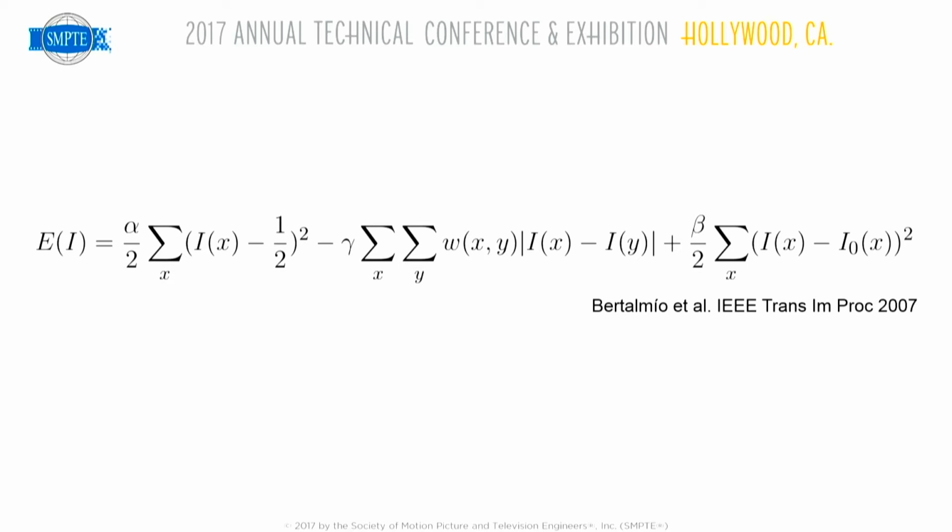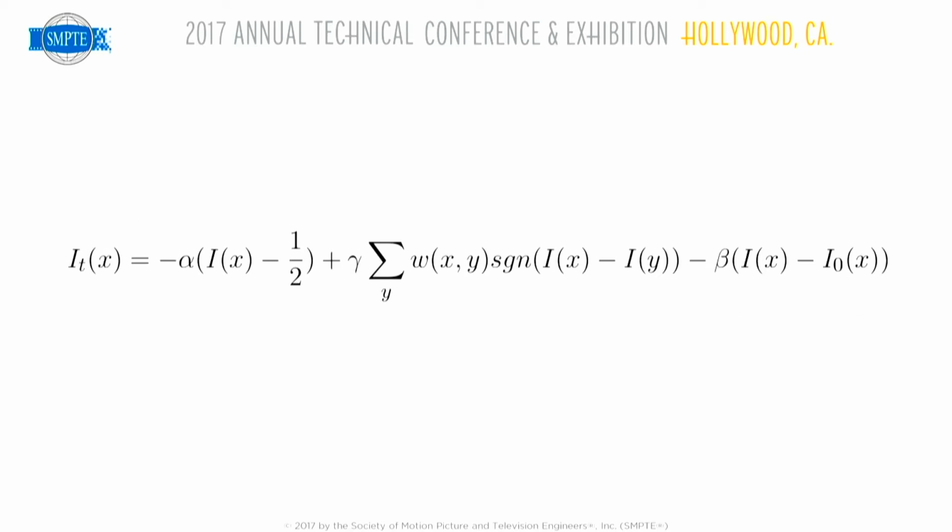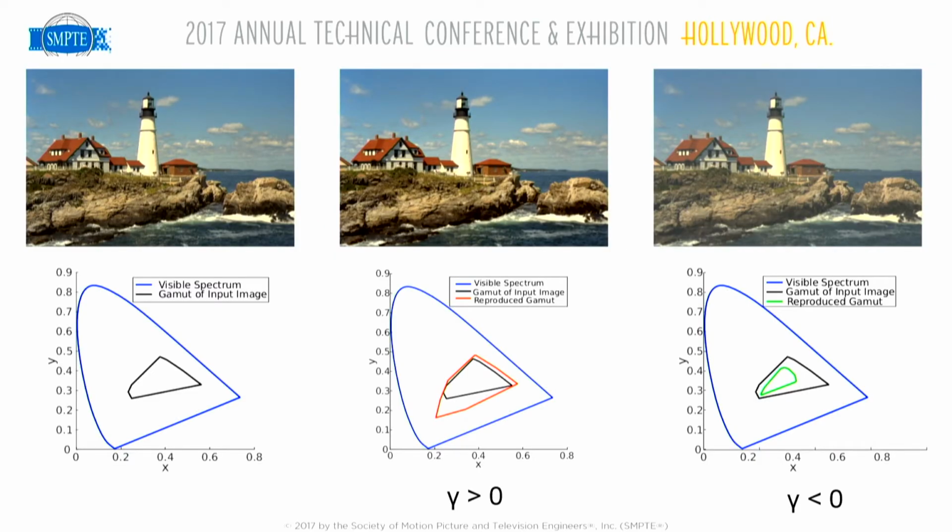So how to minimize this energy? Well, through a gradient descent approach, we iterate this equation. This is the equation that, if you iterate, you minimize the energy. So in the left column, you have an image, and below it, the color gamut of that image.